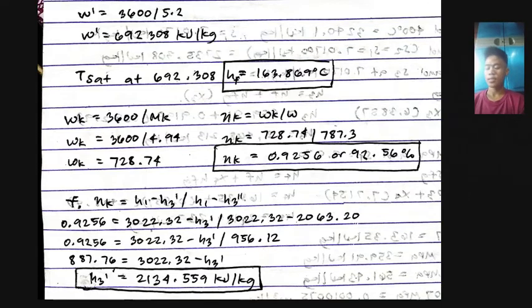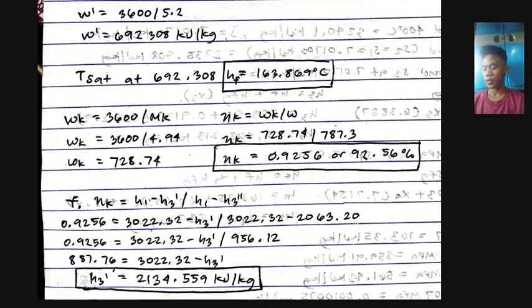And next, but not the least, letter F, formula for NK equals H sub 1 minus H sub 3 over H sub 1 minus H sub 3. Since we have data for it, we already have a value for it. It is time to substitute it.